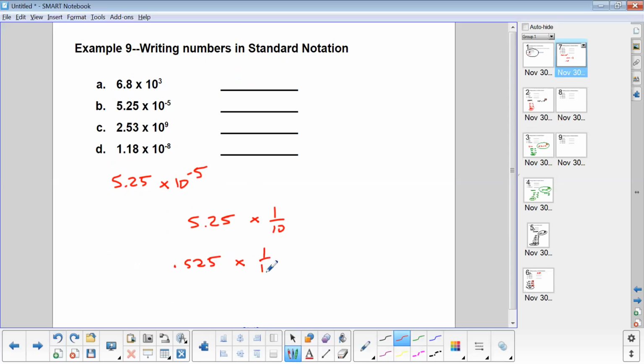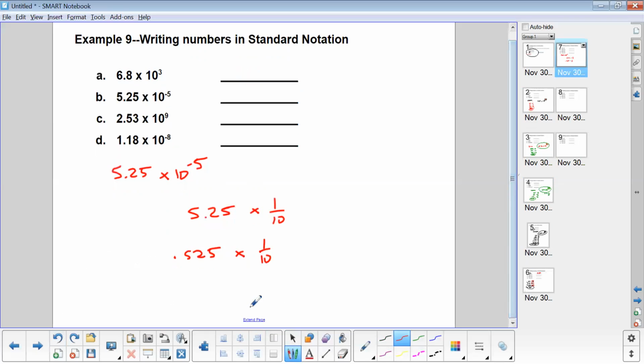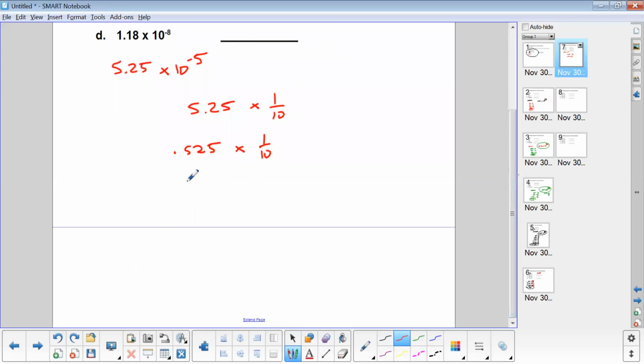We're going to divide by 10 again. And we're going to do this 5 times. We're going to divide by 10 again. We're going to divide by 10. That's 4 times. So here's the 5th time.